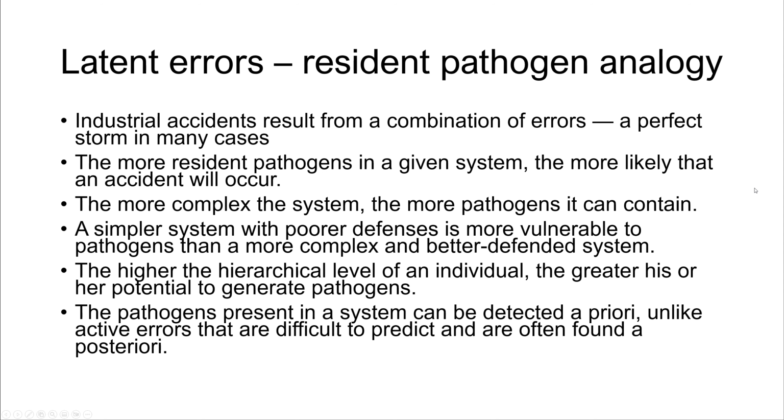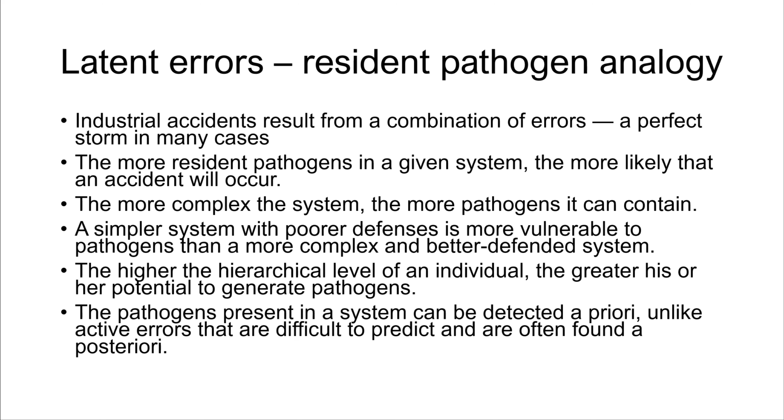So for latent errors, we employ another James Reason term, the resident pathogen analogy. Industrial accidents often result from a combination of errors, like a perfect storm. The more resident pathogens in a given system, the more likely that an accident will occur. So the more latent errors there are, the more weak links, the more likely that an accident will occur.